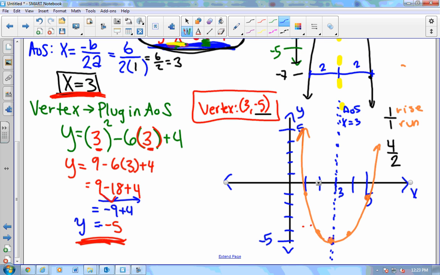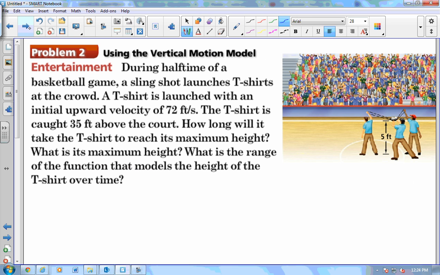Okay, page 130. In the blue box, there is a physics formula that helps us with what are called vertical motion models. For the next problem, it's a physics problem; quadratics help us a lot with this. If you ever throw something or launch something, what type of path does the object take?